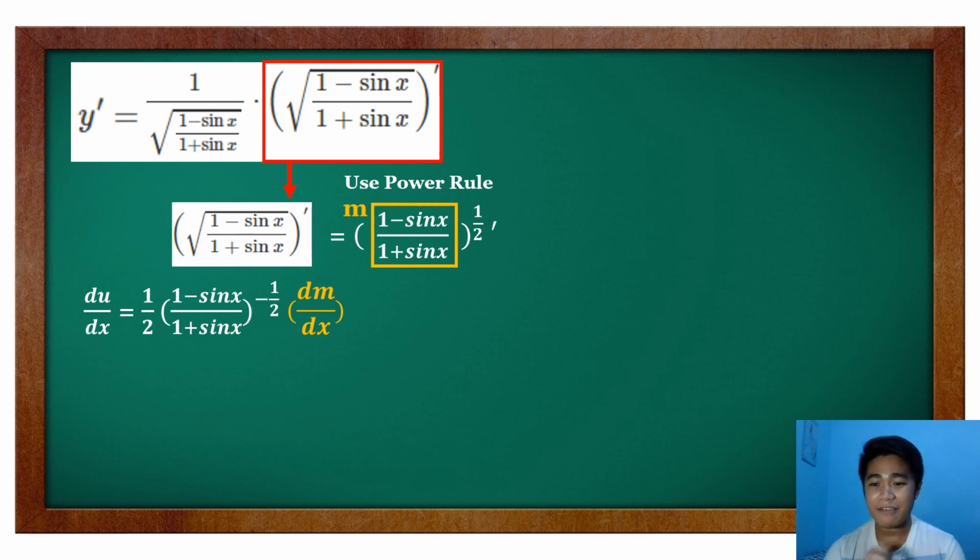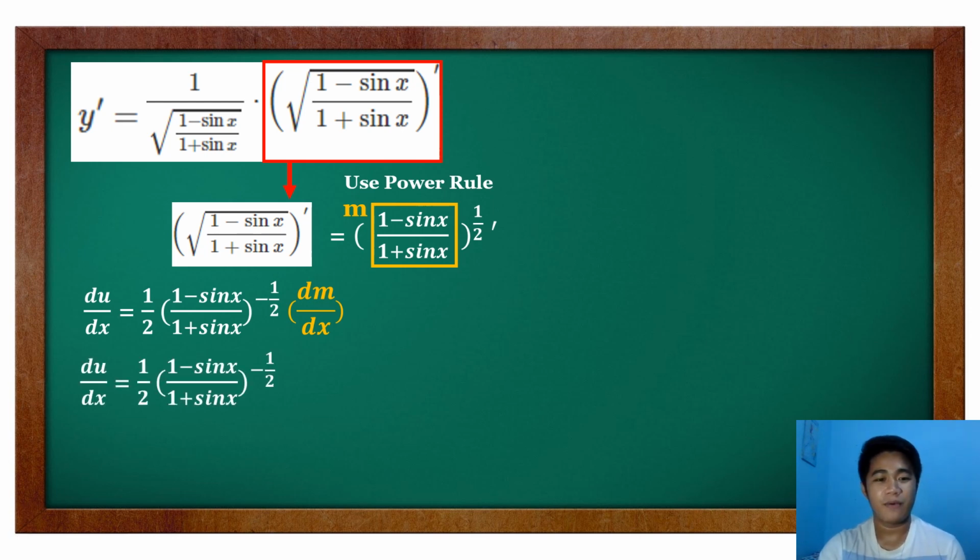So we will have to get the differentiation of that 1 minus sine x over 1 plus sine x. Right now we still don't have the complete answer because we still have to differentiate the equation inside, that dm over dx.